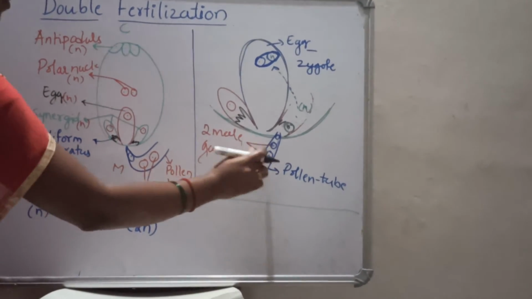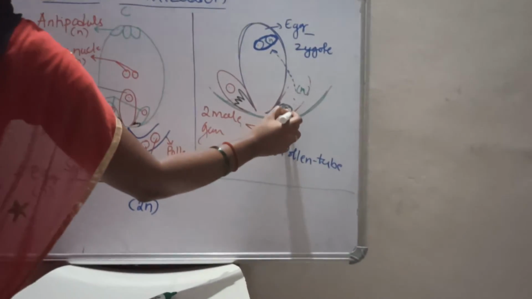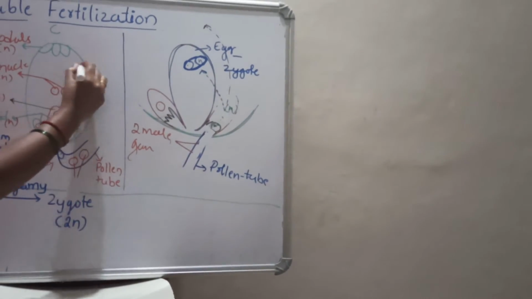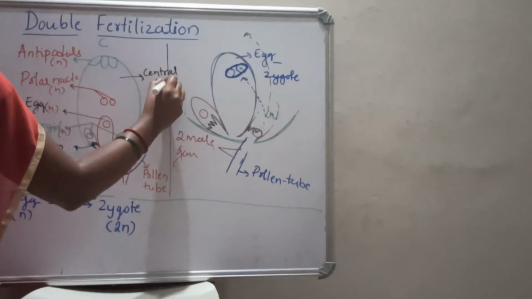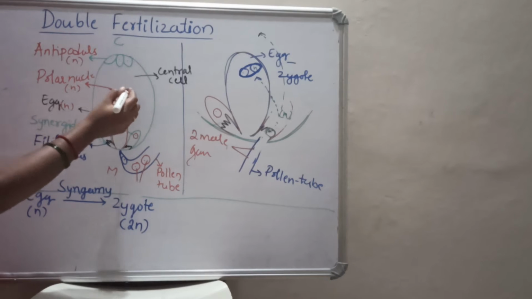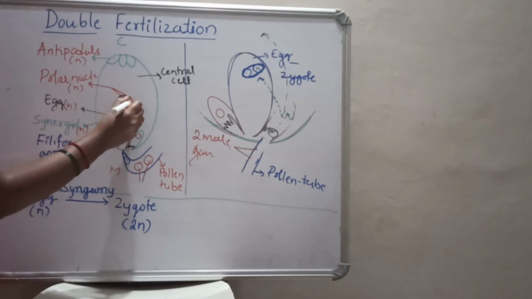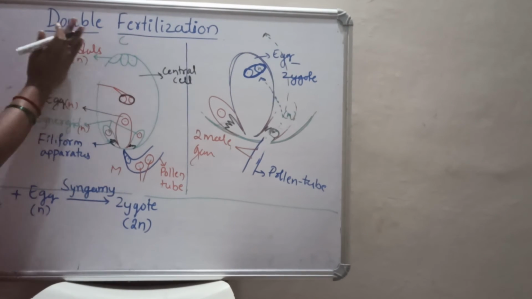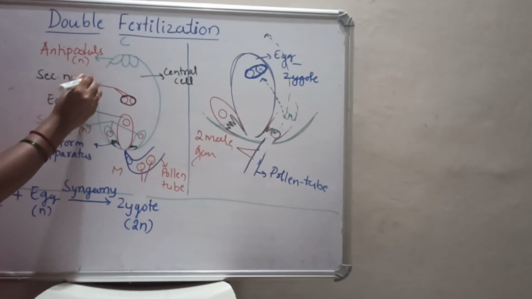The remaining male gamete moves towards the central cell. Here it is the central cell. Before fertilization, the two polar nuclei get fused and form the secondary nucleus.